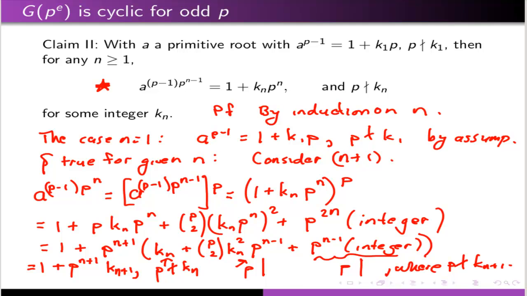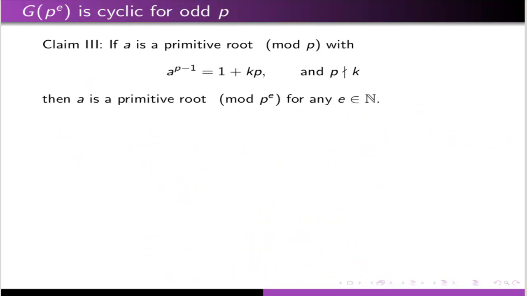So that claim is going to imply that if we have a value a, having this property right here, with p not dividing k, then a is going to be a primitive root mod p to the e for any natural number e. So let's see.